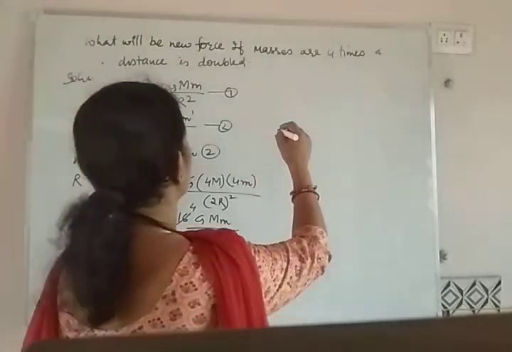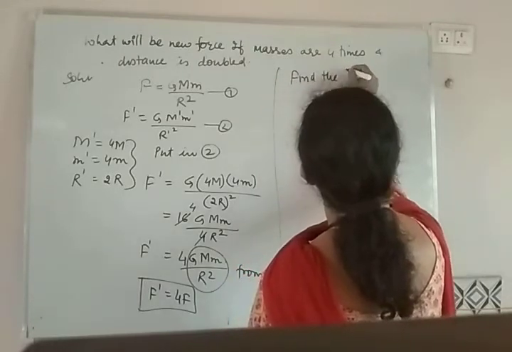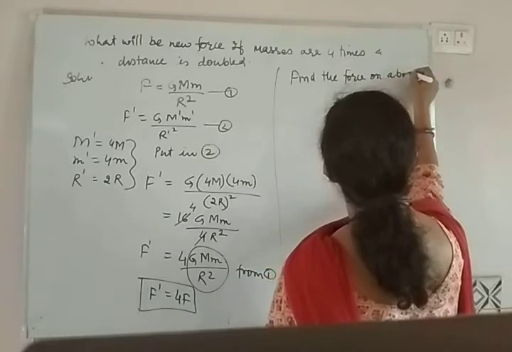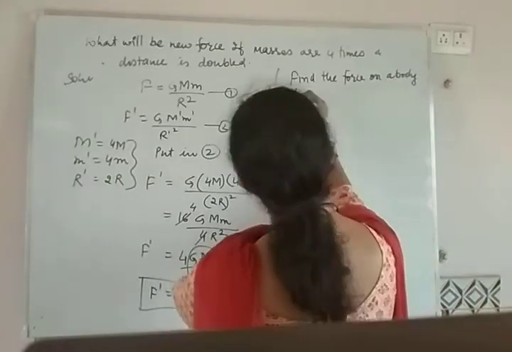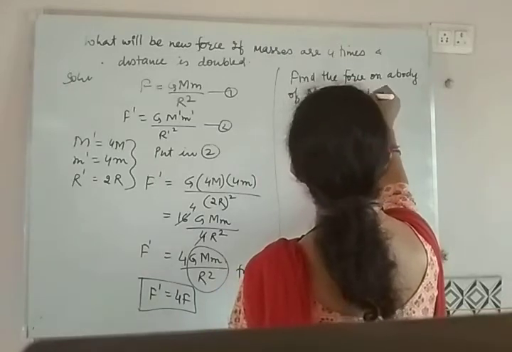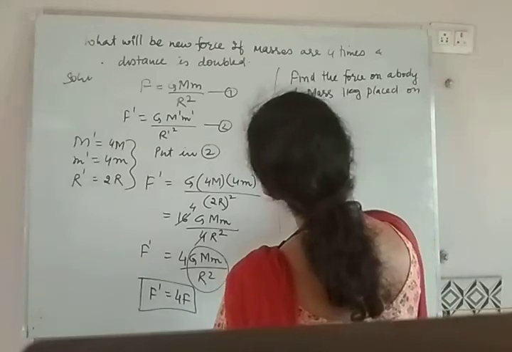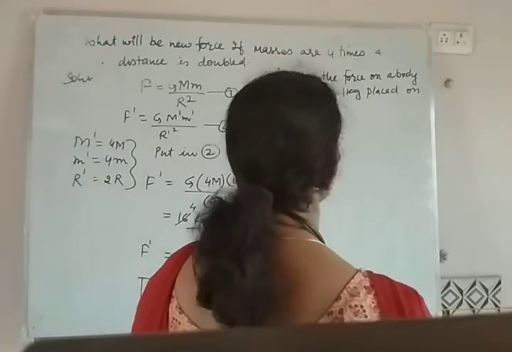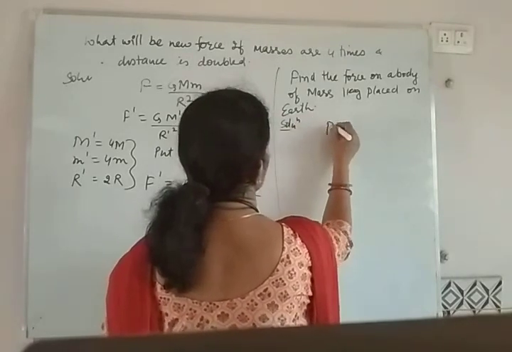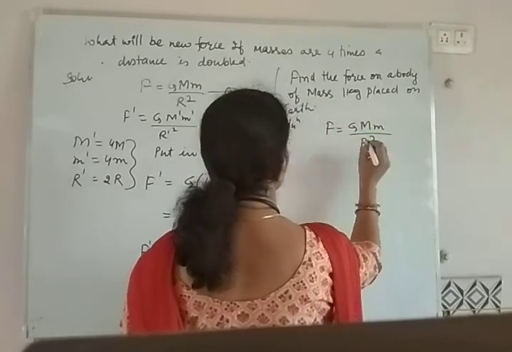Okay, one more question. Find the force on a body of mass 1 kilogram placed on earth. How will you calculate? The solution will be F is equal to G M m by R square.